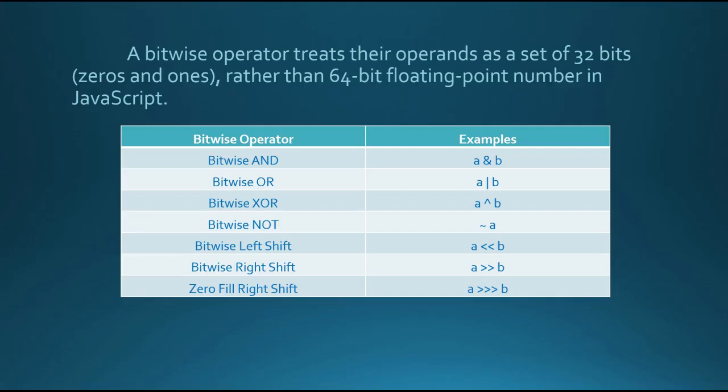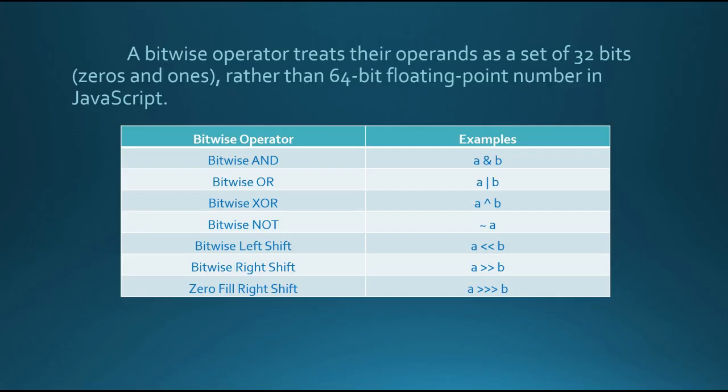The logical bitwise operators, ampersand, vertical bar, and caret, perform the AND, OR, and XOR on each individual bit and provide the return value. The tilde, not operator, inverts all bits within an integer and usually appears in combination with the logical bitwise operators.